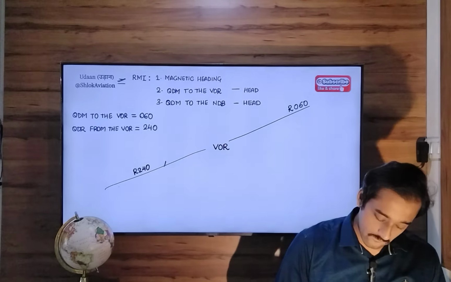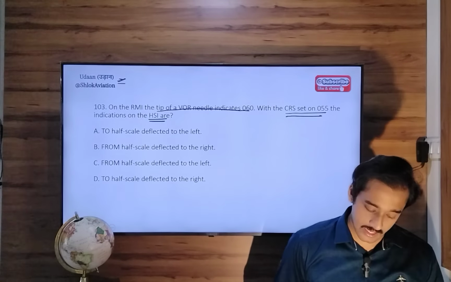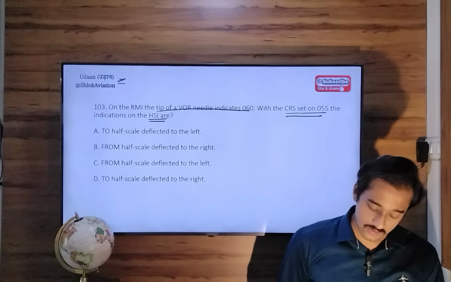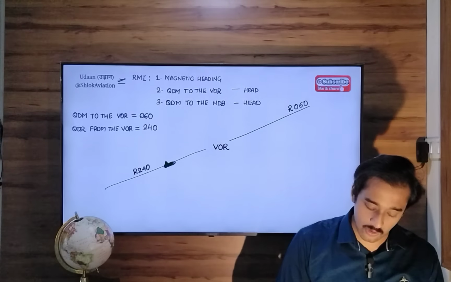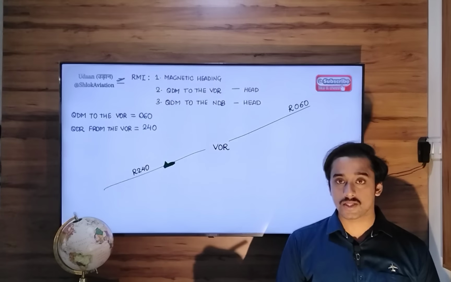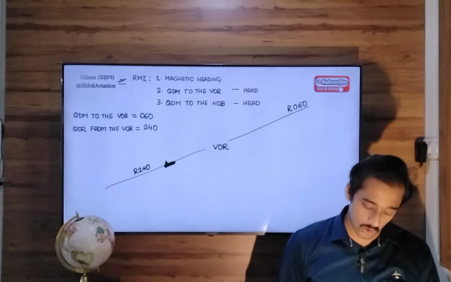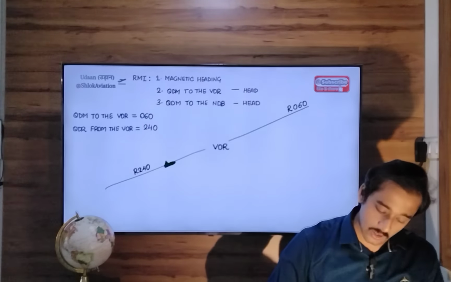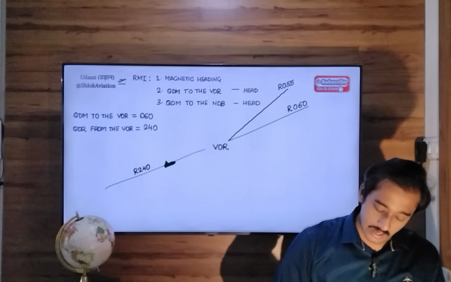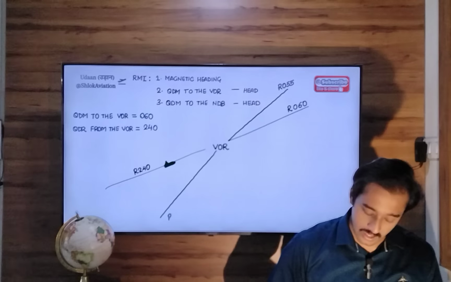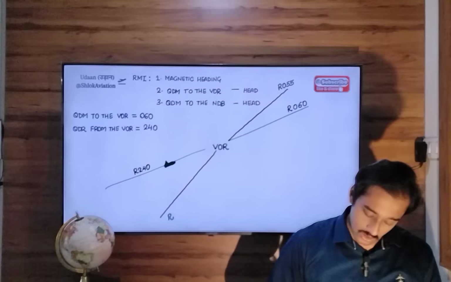The magnetic heading is not given, so let's say it is tracking towards the VOR like this with a magnetic heading of 060. Now if you change this course, that is 060, and make it 055, so 055 will be to the left hand side of radial 060 and the reciprocal of radial 055 will be 235.